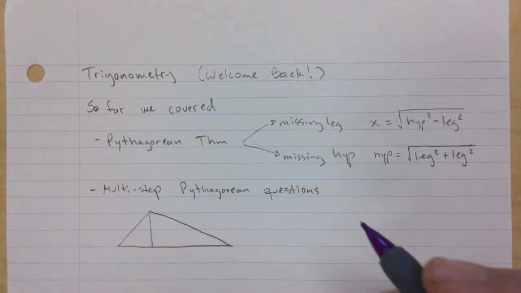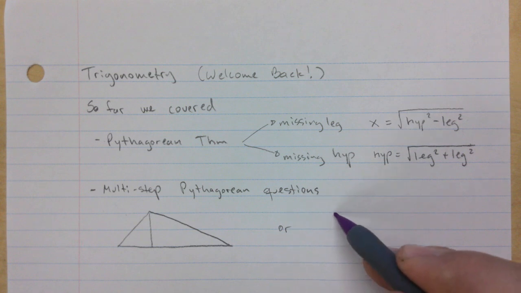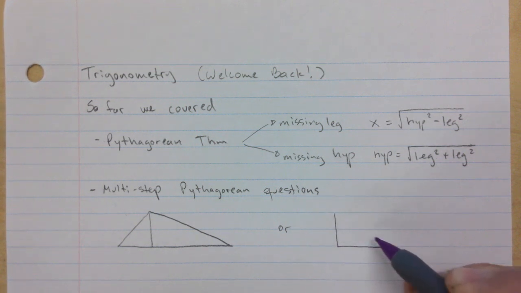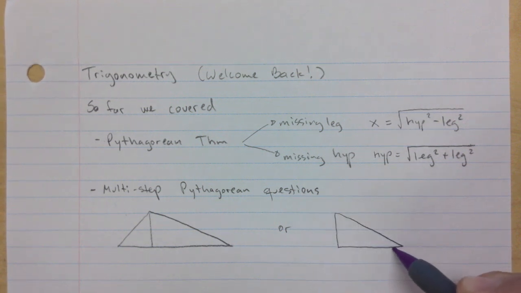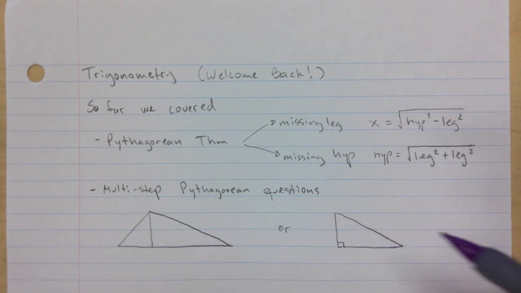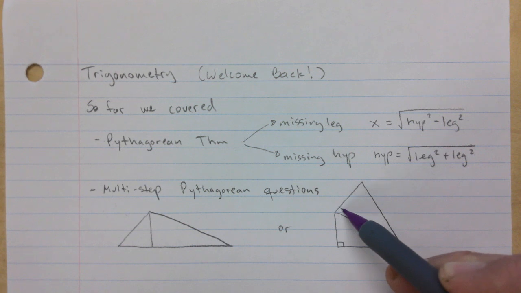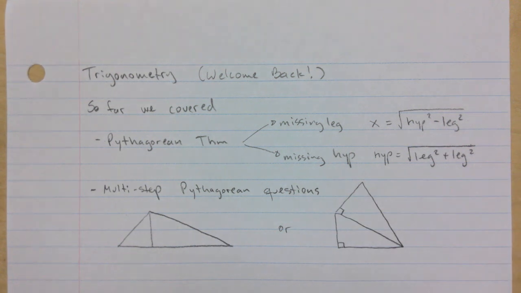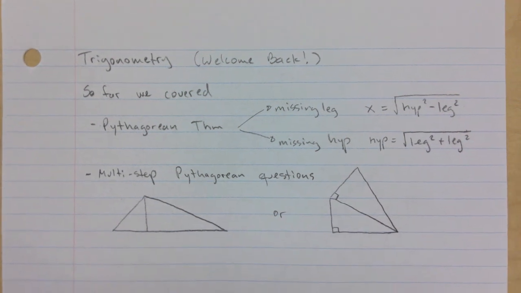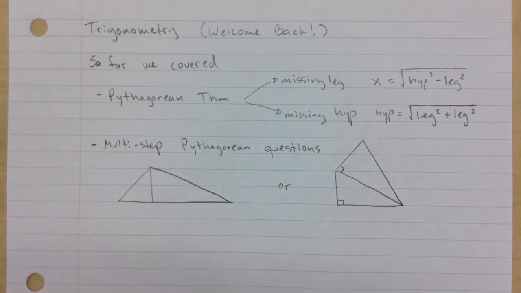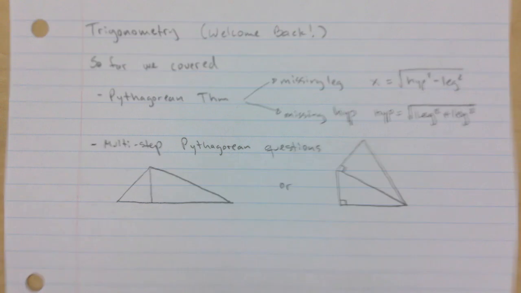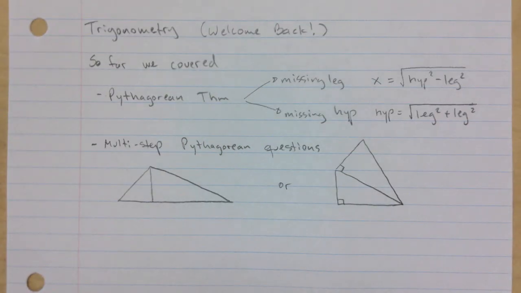You had one of those, or I would have given you something like this, right? You have your 90 there, and then another one stacked on top like this. And keep in mind, they can have many different versions of this, but those were multi-step. You needed to start with one triangle and then move over to the other side.